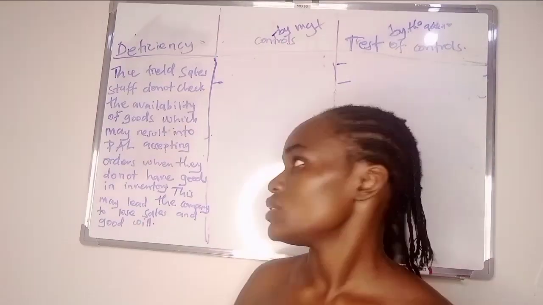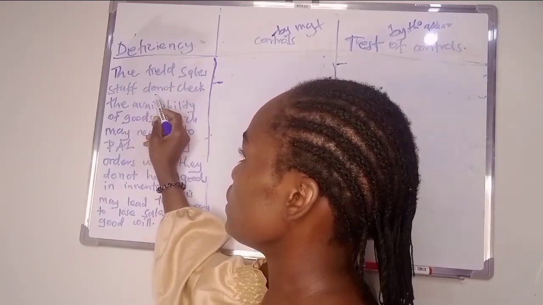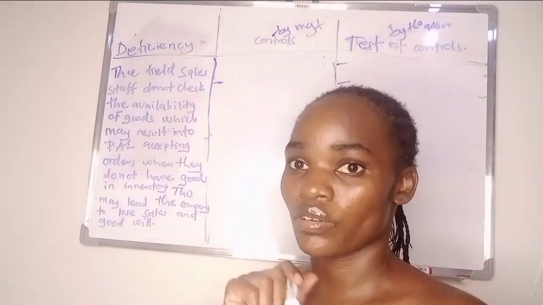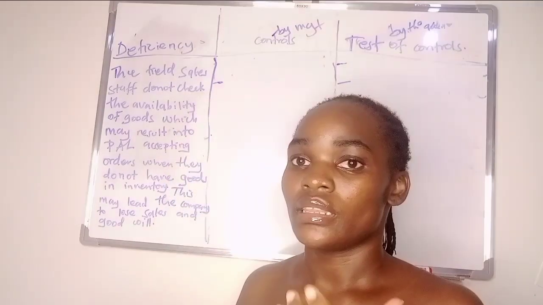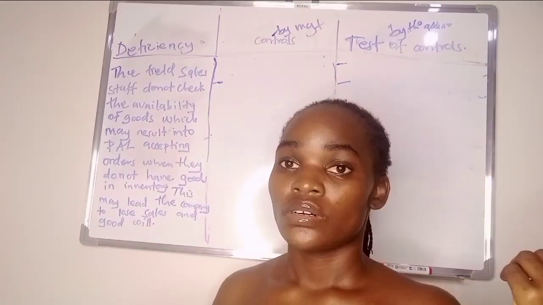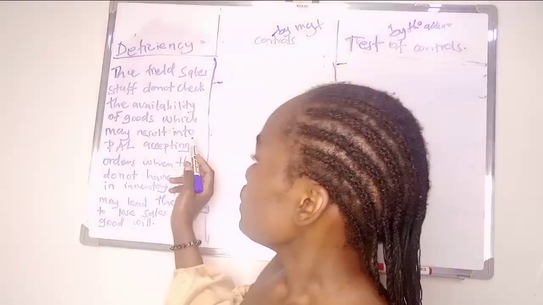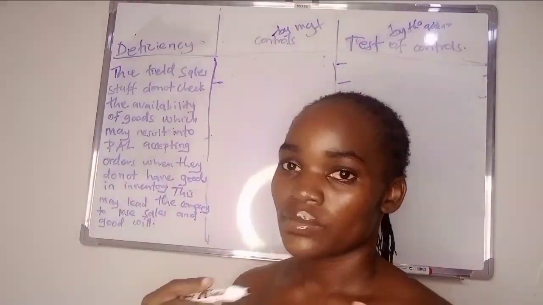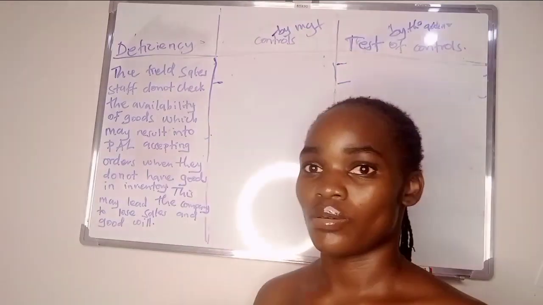So according to the question, they said the field sales staff do not check the availability of the goods before accepting orders. They just accept orders before checking whether they have goods in the store or not. So this may result in them accepting orders when they do not have goods in the store.